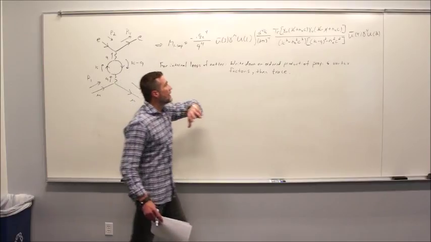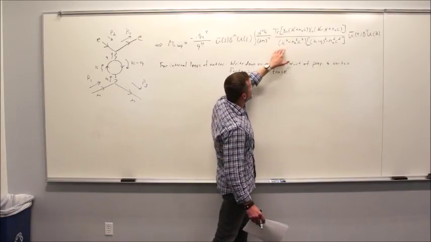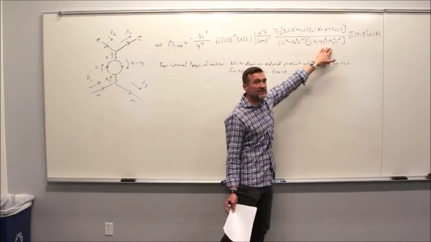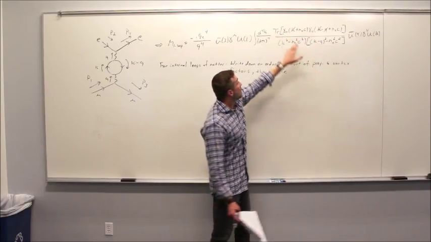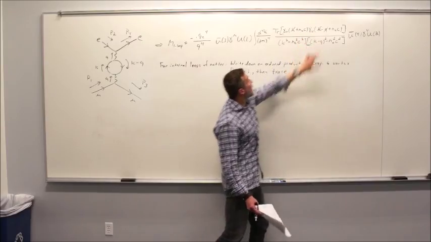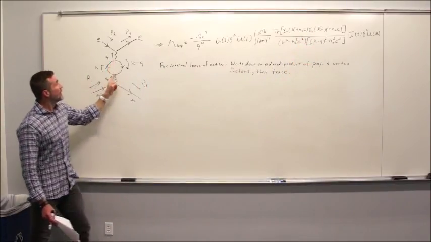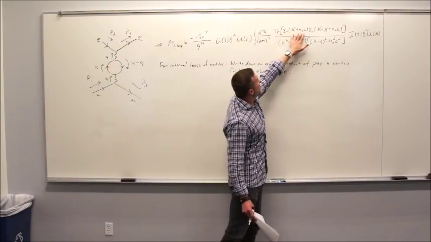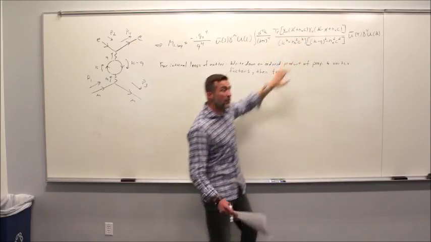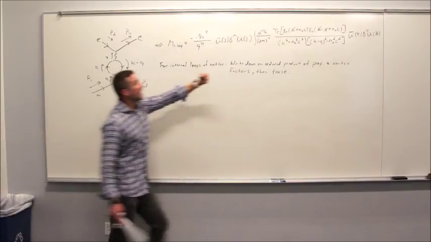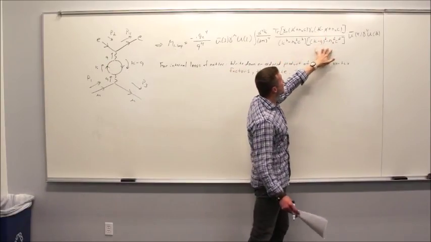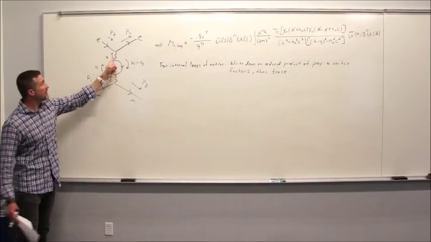Okay? So what is this expression? Well, first of all, the stuff in the denominator is just a scalar, so it could actually be part of the trace and it wouldn't change anything. So these are from the vertex factors, and then the thing here divided by this is just the propagator for this part of the loop. And the thing here divided by this piece is just the propagator for this part of the loop.